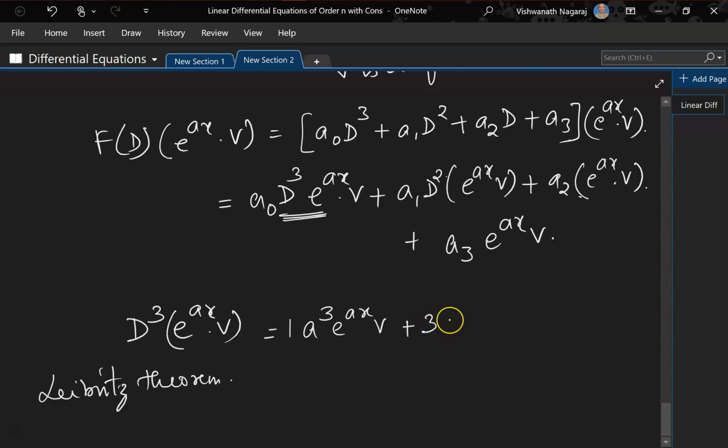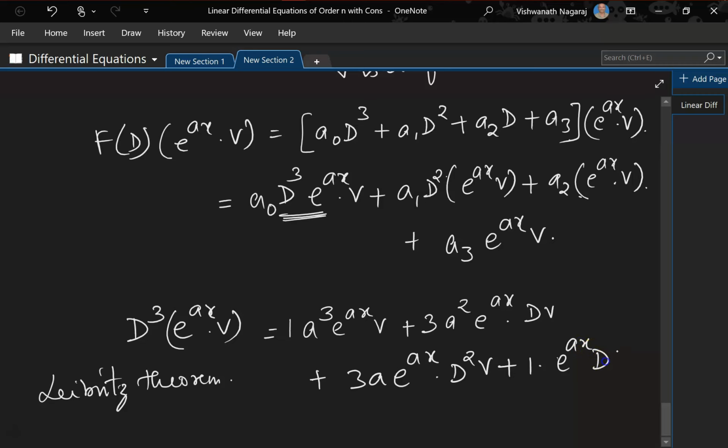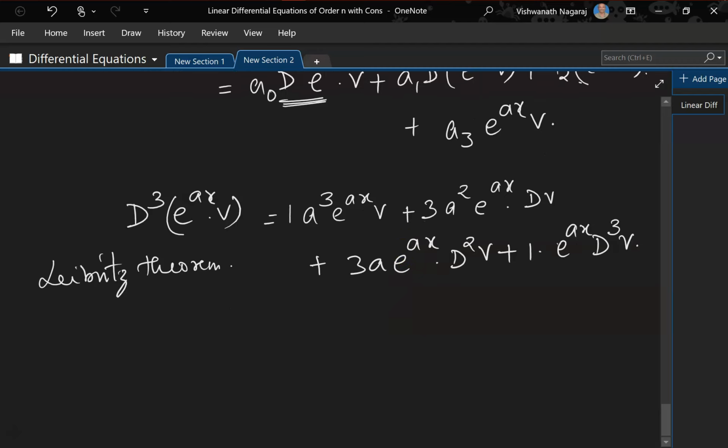So 3 a squared e^(ax) dV, the first derivative, plus 3a e^(ax) times the second derivative of V, plus e^(ax) times the third derivative of V with respect to x.